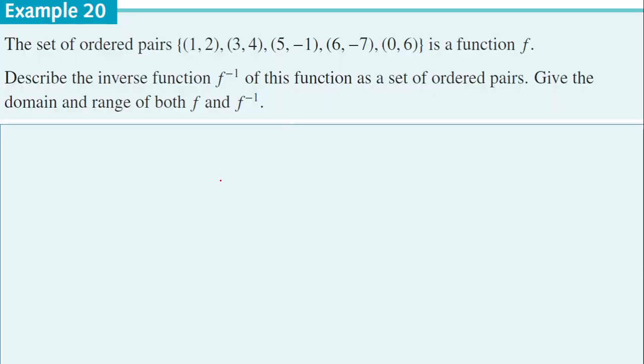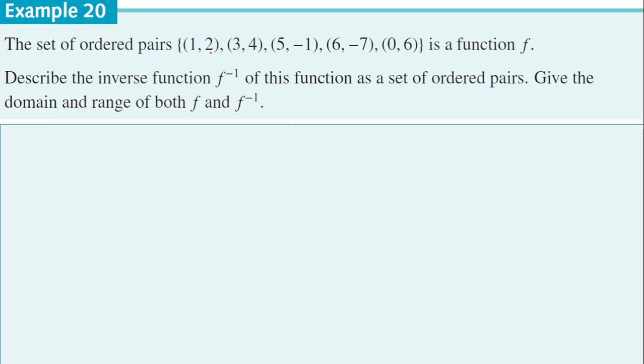Alright, before we apply that to a general function, let's look at a function that is defined as a set of points. So you have ordered pairs of points. Notice with the x coordinates, you have 1, 3, 5, 6, 0.